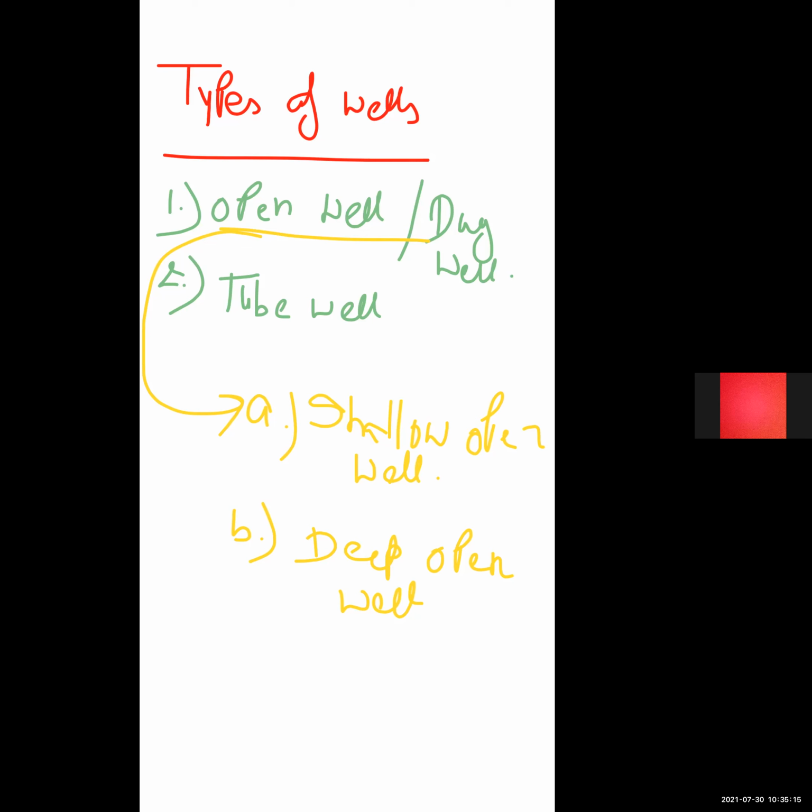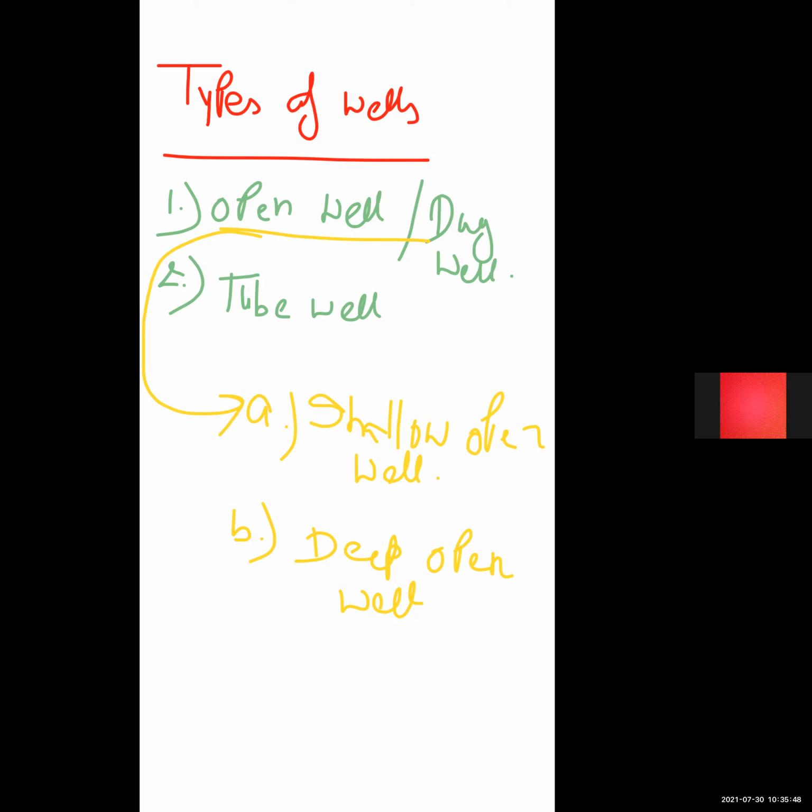Also, cavity formation in open well. If a well from which no water is being withdrawn, in that condition the water level in such a well will obviously be the same as the water table outside the well. If discharge is withdrawn from this well at a constant rate, then the level in the well will go down and stabilize at a lower level than that of the outside water table.